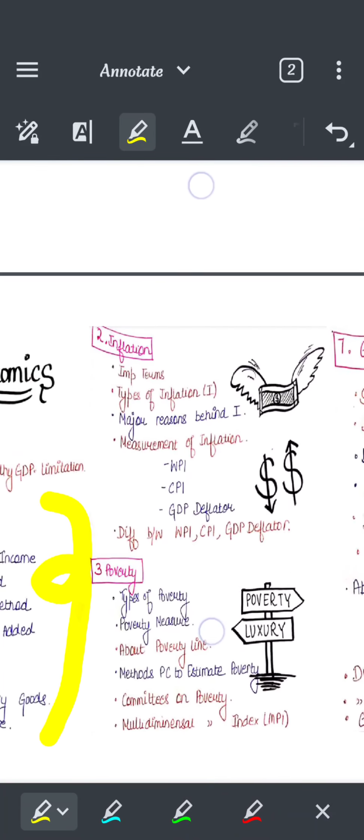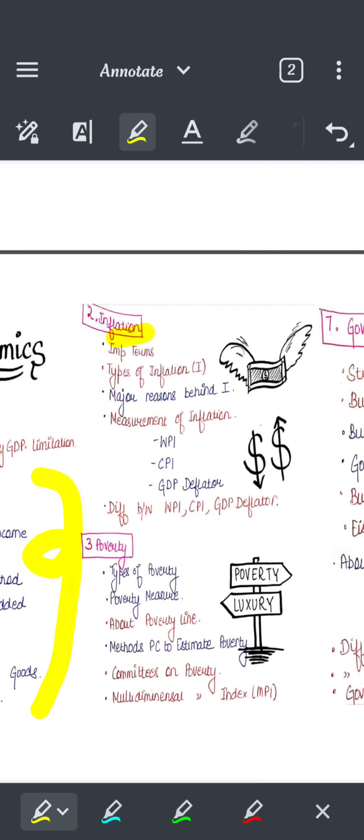So as we see, this is the topic of inflation. Important terms: types of inflation, major reasons behind inflation, measurement of inflation and how it is done, WPI, CPI, GDP deflator, etc. We also have to study the differences between all of these, which are provided in the notes itself. Next is poverty: types of poverty, poverty measures, the poverty line, methods to estimate poverty, committees on poverty, and the multidimensional poverty index, on which a question was also asked in mains 2020.